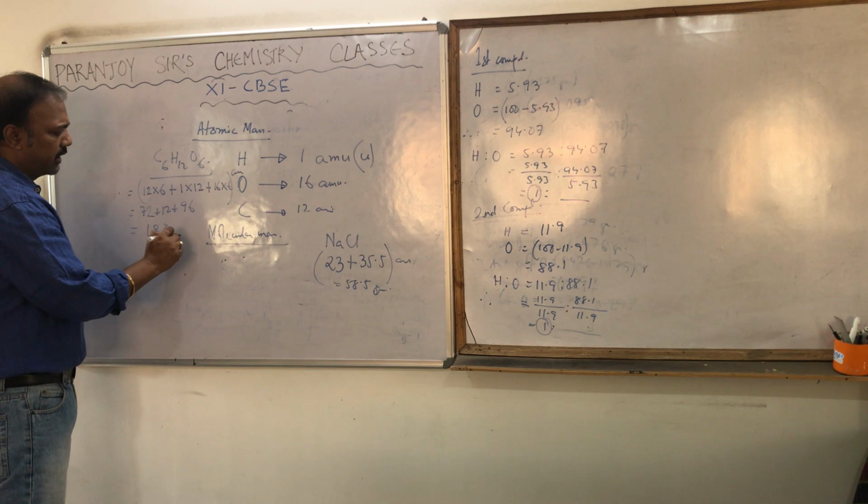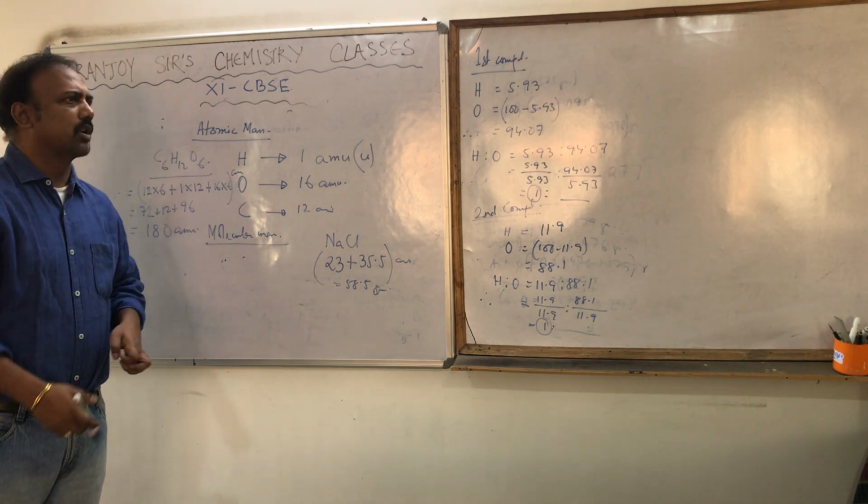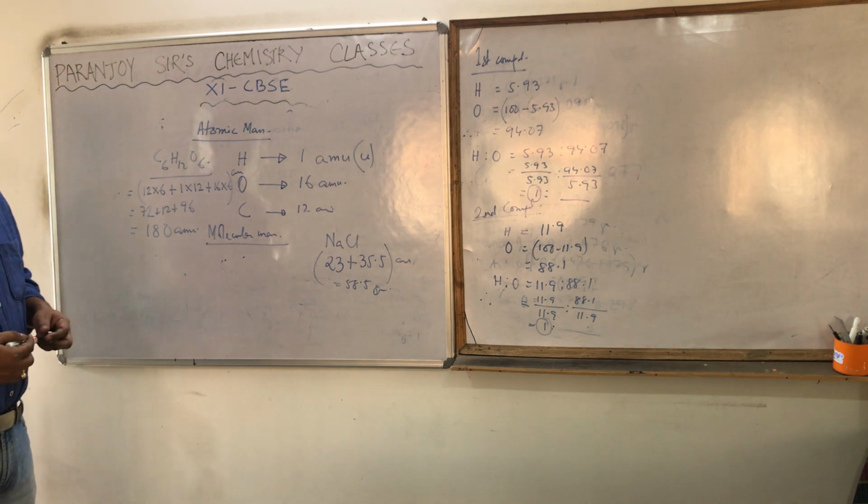So 180 AMU. 180 AMU is the molecular mass of glucose.